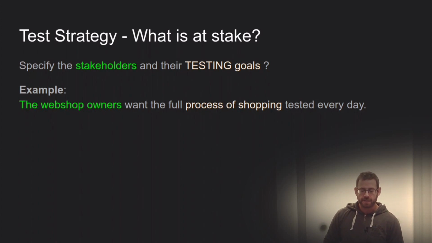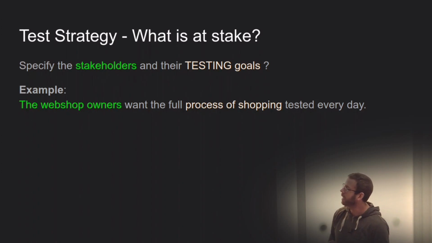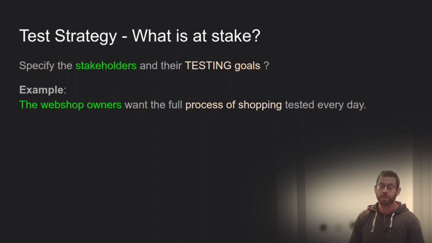In this case, I have an example with a web shop, and this is not related to assignment 2. For this web shop, where people are supposed to shop, we found stakeholders, the web shop owners. They want the process of shopping tested every day. So that is the testing goal.